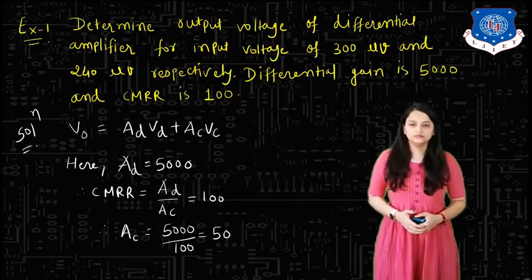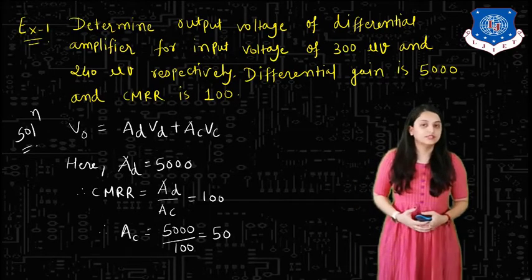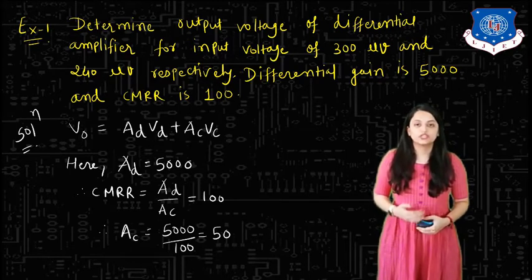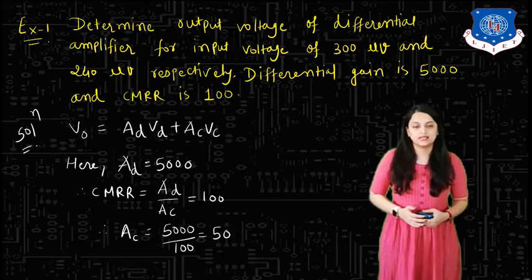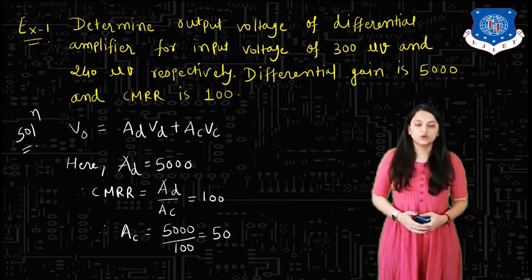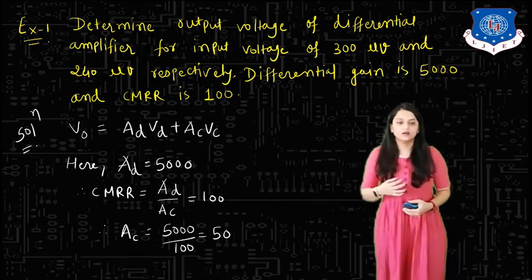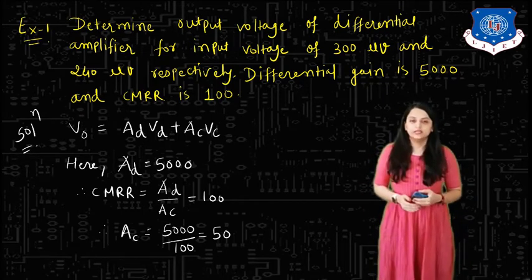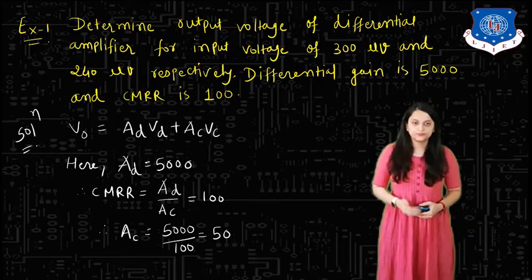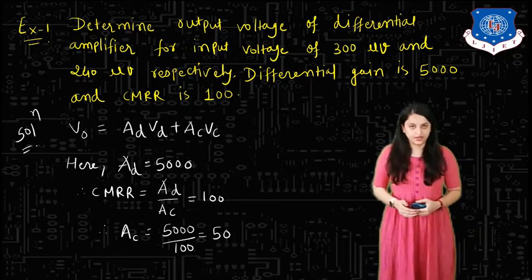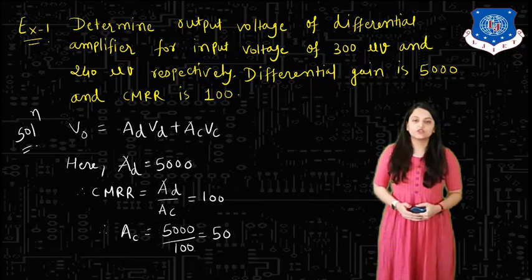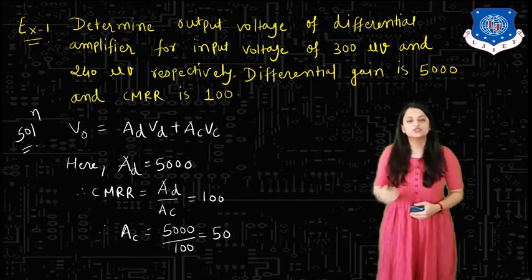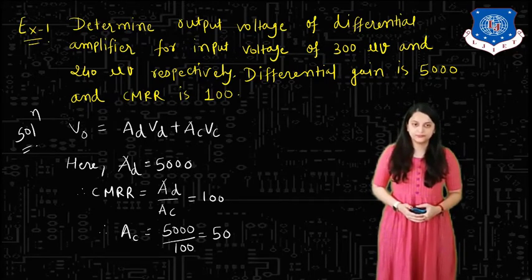Now let us see an example of the equation VO equals AdVd plus AcVc. Consider the example: determine the output voltage of a differential amplifier for input voltages of 300 microvolts and 240 microvolts respectively.